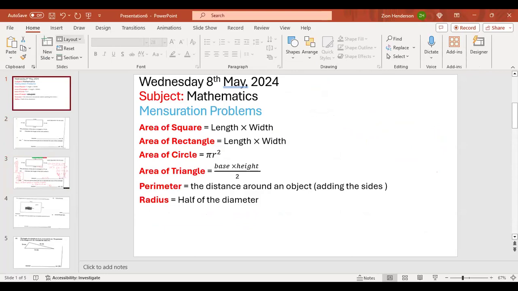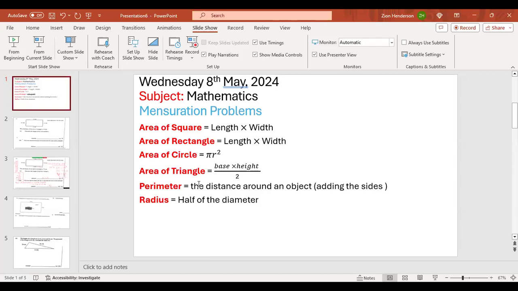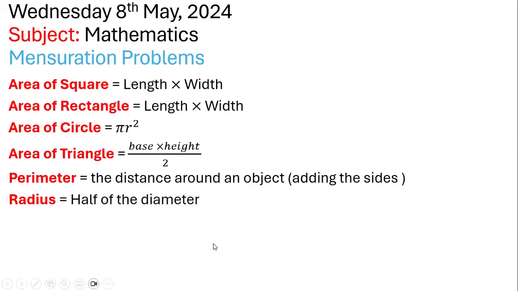We talked about the area of the square, the area of the rectangle, area of a circle, all them stuff. That was the first slide. And then we move on to the second one. All right, this is the first slide. Let me put this inside the chat.